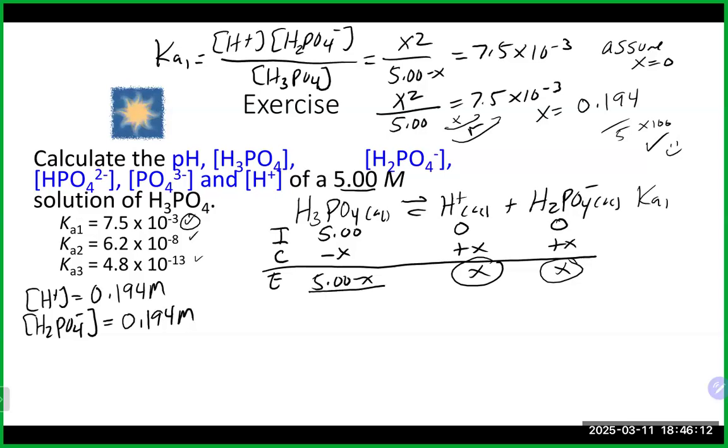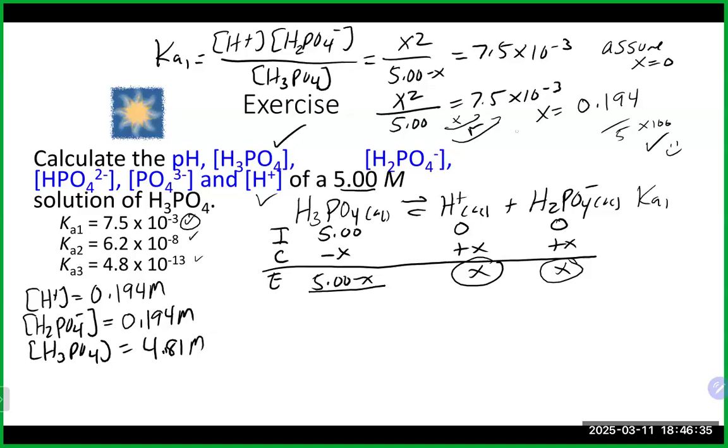We also can get the concentration of our phosphoric acid at equilibrium as well. And that's going to be 5 minus 0.194. That's going to give us, we'll call it H3PO4, 4.81 molar.